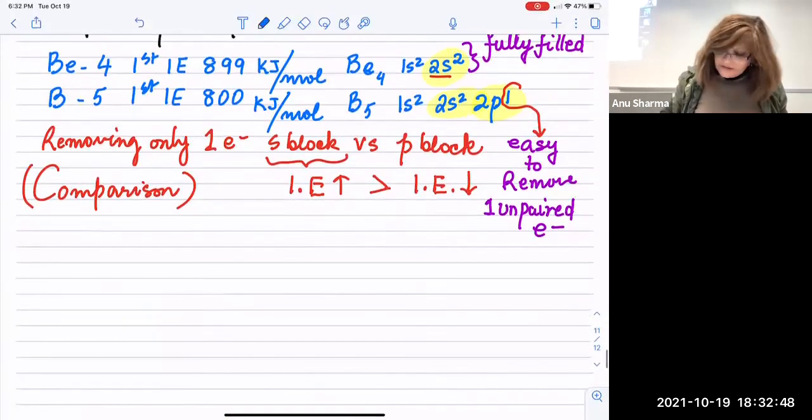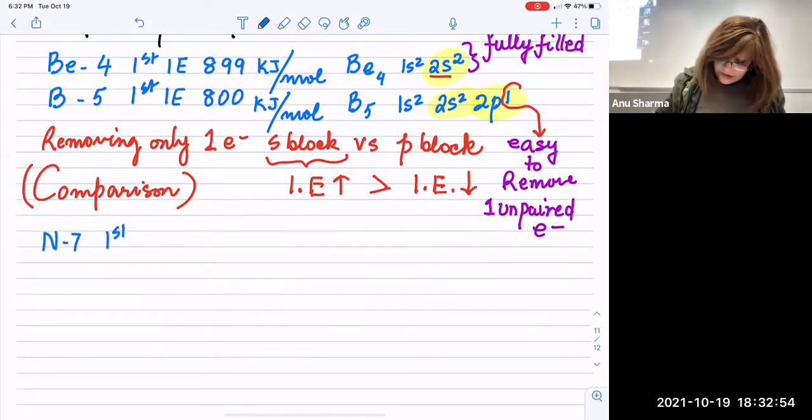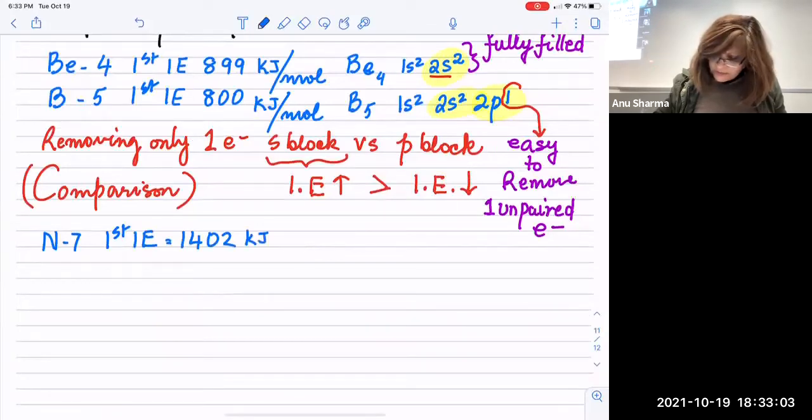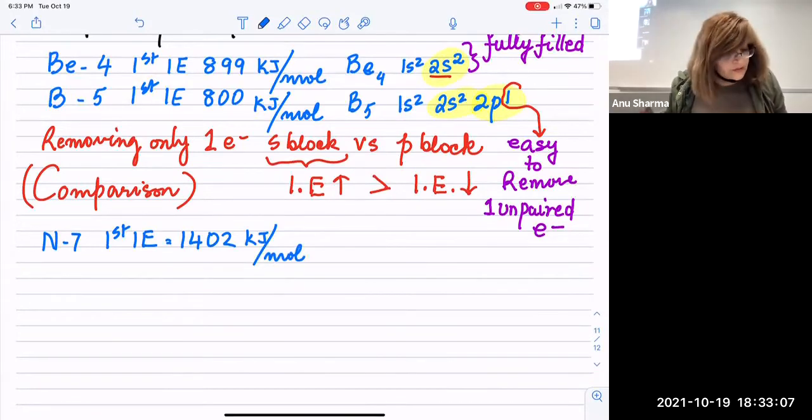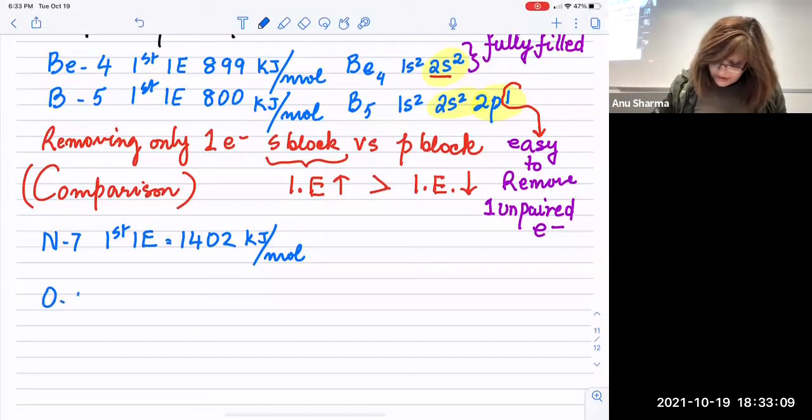Next, let's look at nitrogen, which has 7 electrons. Its first ionization energy is 1,402 kilojoules per mole. Now comes oxygen, 8.